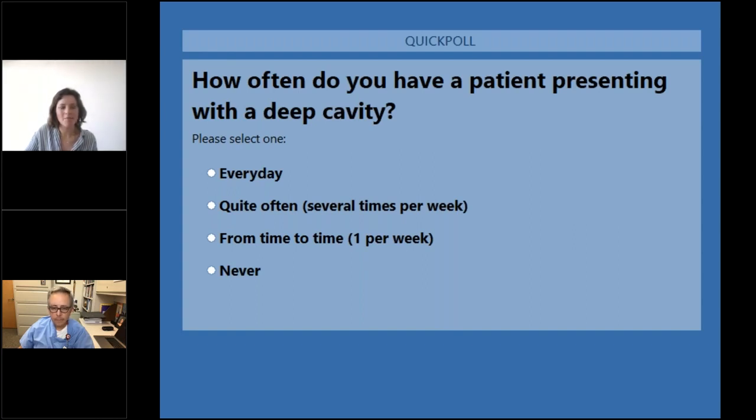So, can you see the first question? The first question is, how often do you have a patient presenting a deep cavity in your practice? You will have 20 seconds to answer: every day, quite often, from time to time, and then we will see the results. So please answer.